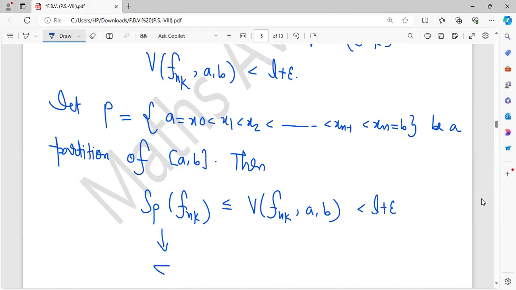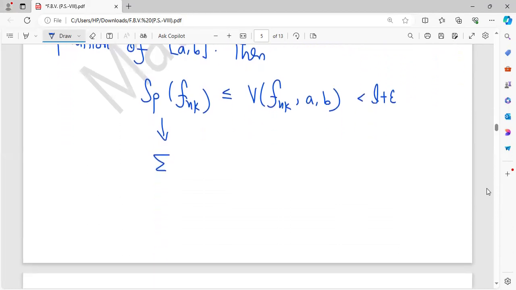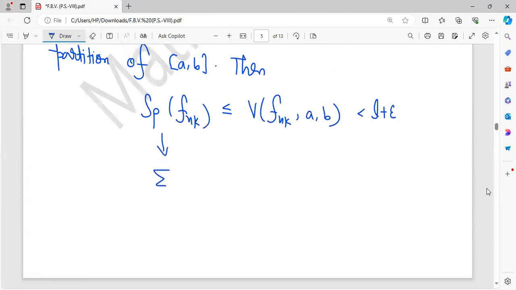But what is this? This is the summation, i goes from 1 to n, of F_nk(x_i) minus F_nk(x_(i-1)). So this is less than L plus epsilon, because you can skip it.